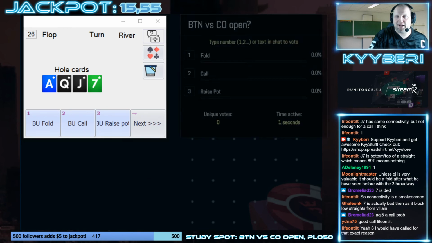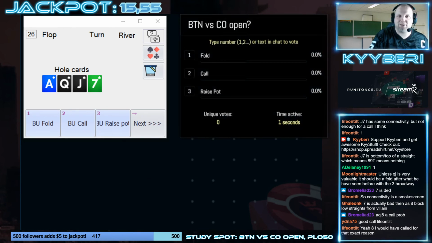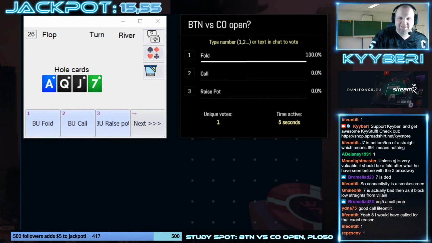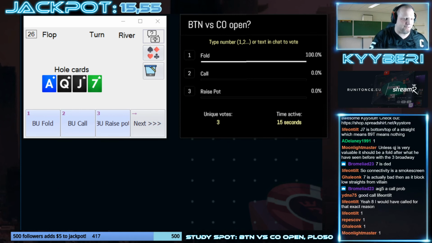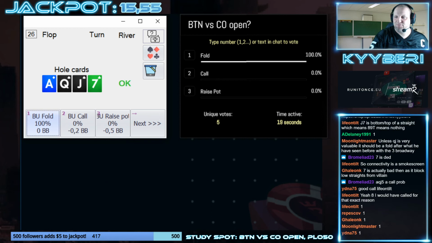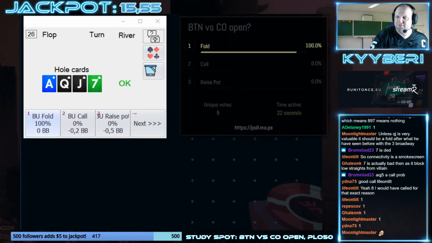Well, the same hand. How many of you paid attention? This is like in school. Teacher says something and then asks the same question in 5 minutes and no one knows the answer. So it is a fold.